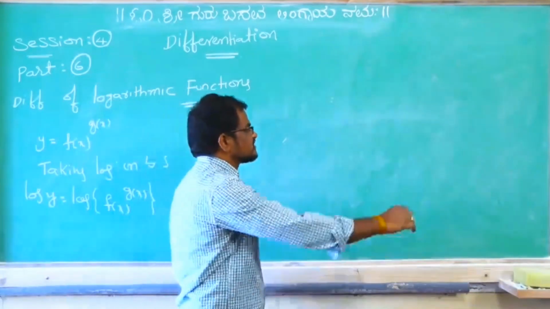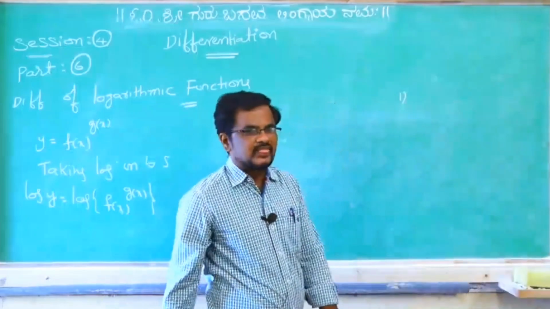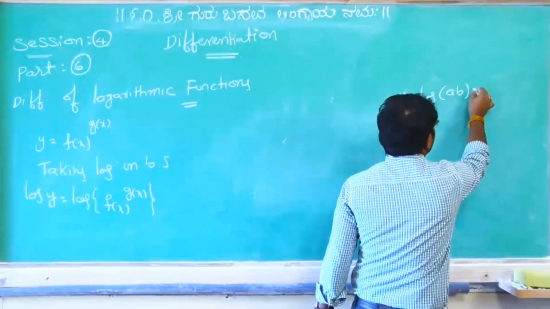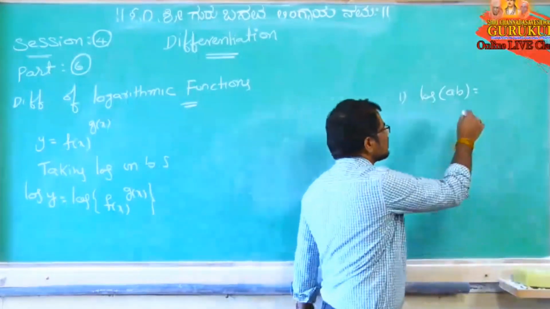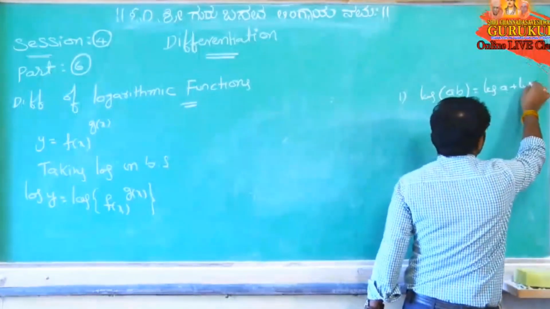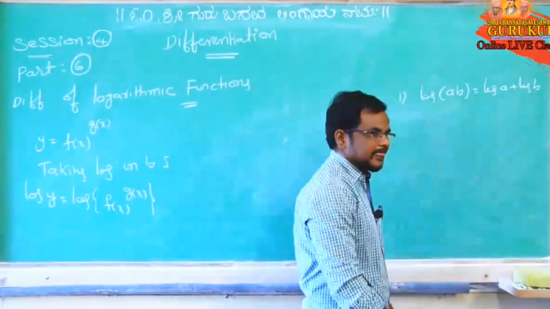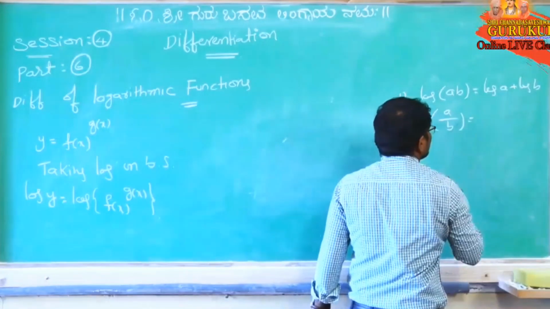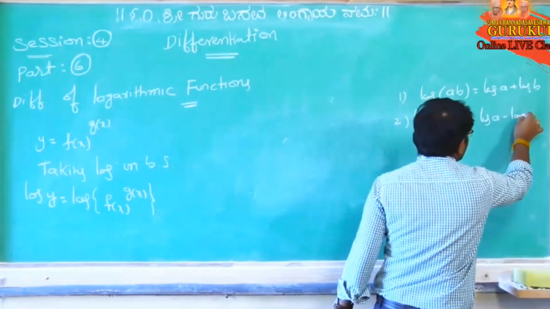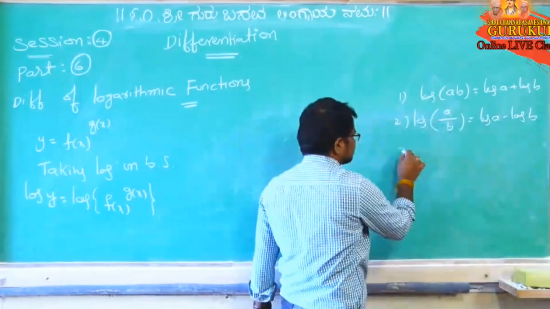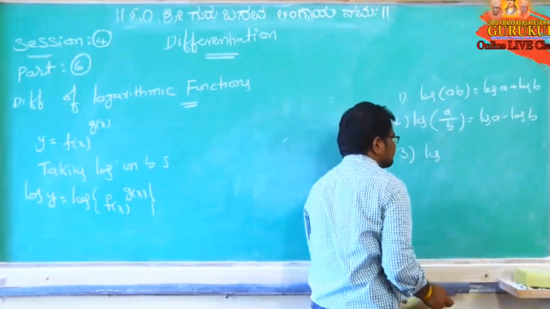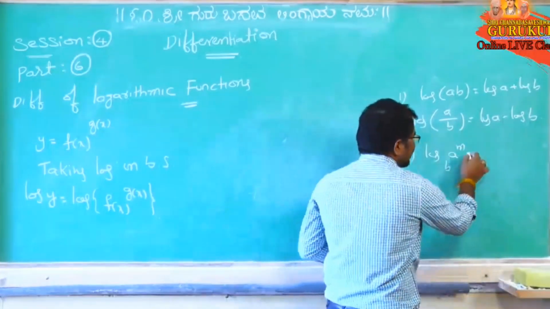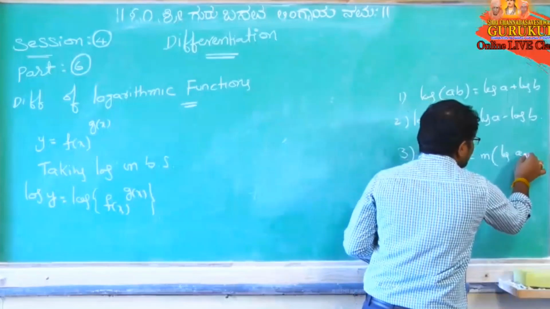Here we have to remember some formulas, logarithmic properties. We know that log a into b equal to log a plus log b to the same base. Next, log of a by b equal to what? Log a minus log b. And log of a power m to the base b, how to write? M into log a to the base b.